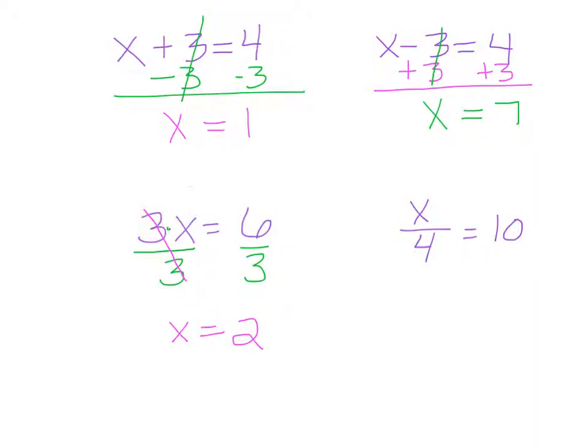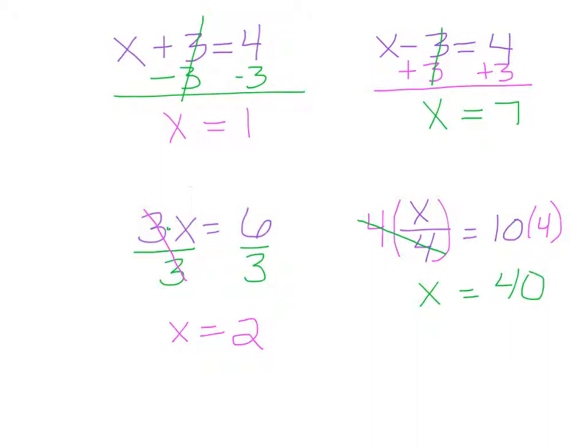Over here, when the x and the 4 were joined by division, we multiplied by 4 on both sides, and the 4 is canceled, leaving the x by itself, and 10 times 4 is 40.